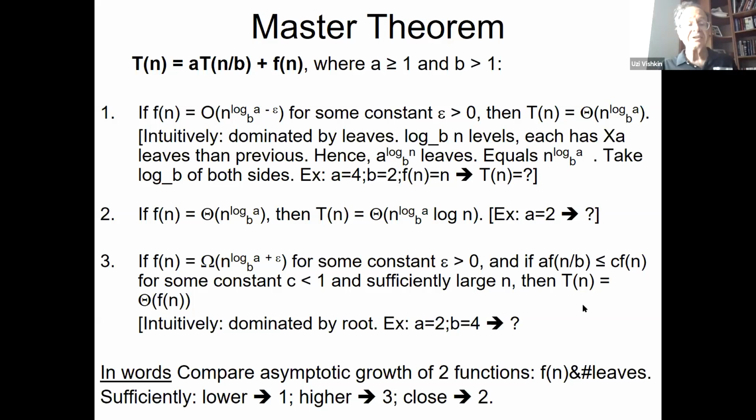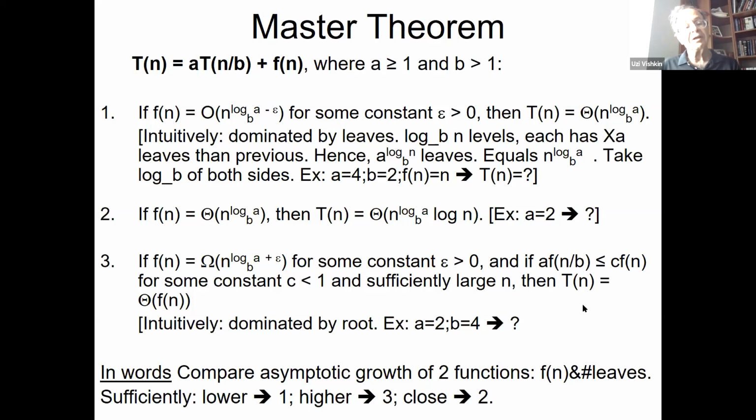For example, the last recurrence where T of n breaks into T of n over 3 plus T of 2/3 of n is not captured by the master theorem. So the master theorem captures only a limited number of recurrences, but it still captures them in a generic way because it allows you to describe the recurrence using more general placeholders such as the letters A and B here.